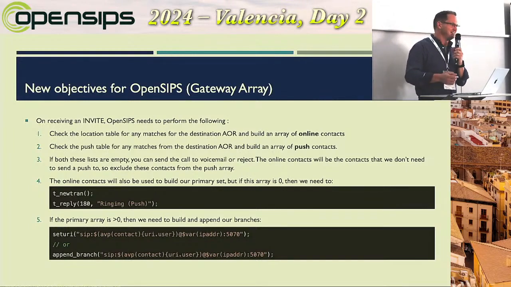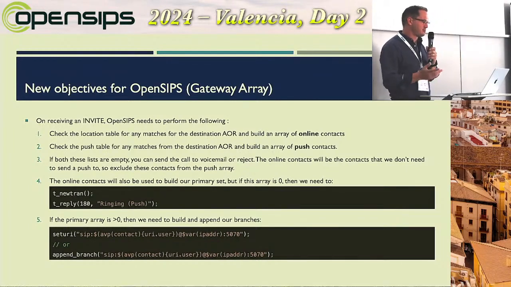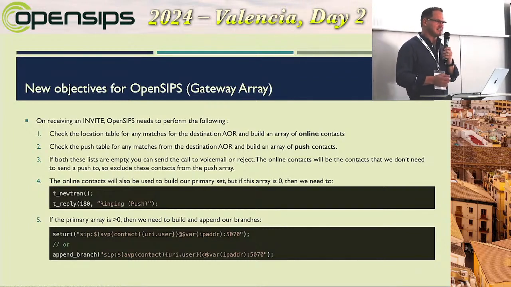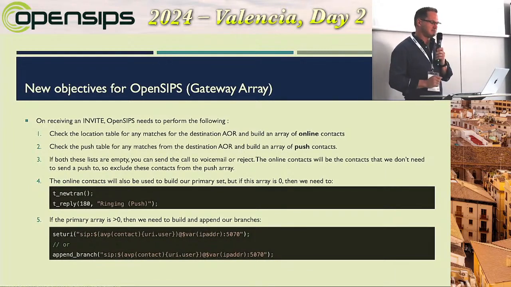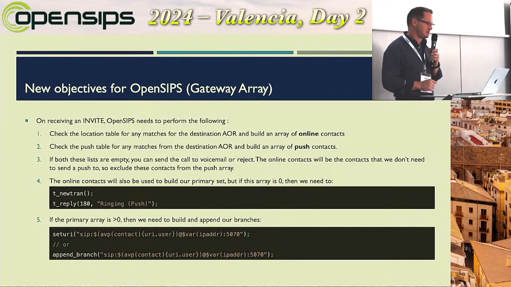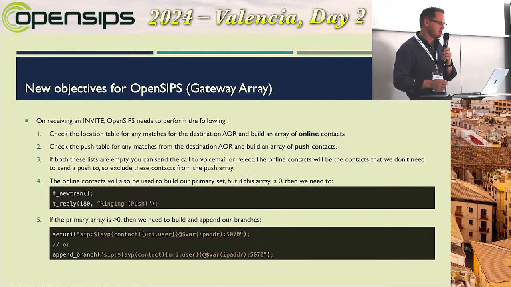Well, are we ringing? So I put in here push, all right? Essentially, we didn't have any online users, but we're going to try, right? We're going to send through the push notification, so there's a very good chance it's going to be ringing. So I've said here, yeah, I'm ringing, all right? I even think WhatsApp does this. It sends through a call, it tells you it's ringing, but really it's hunting for the guy, all right?